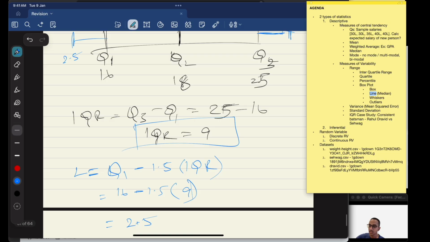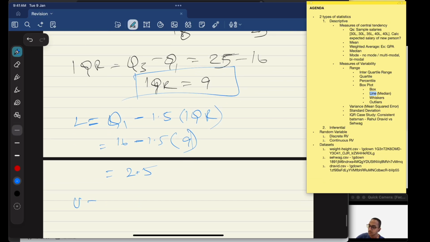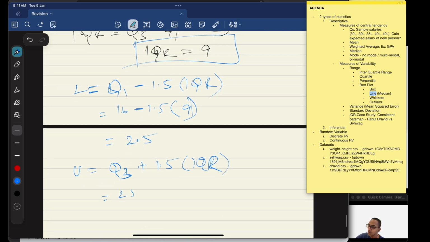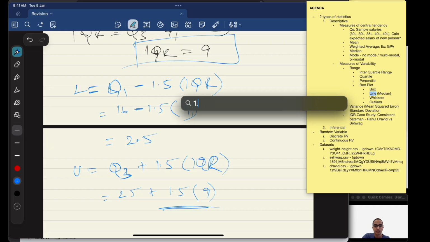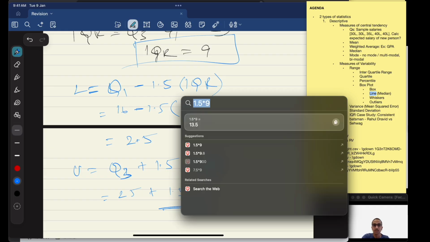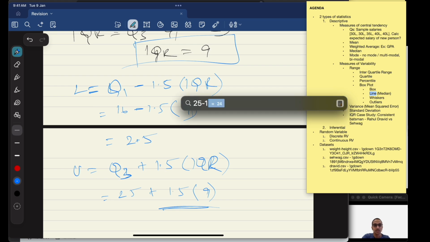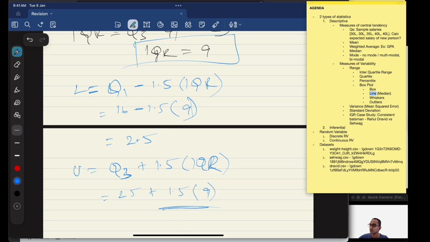Now let's find the upper limit. The upper limit is Q3 plus 1.5 times IQR. What is Q3? Q3 is 25 plus 1.5 times IQR, which is 9. We already know this one, 1.5 times 9 is 13.5. So 25 minus 13.5 is 11.5.